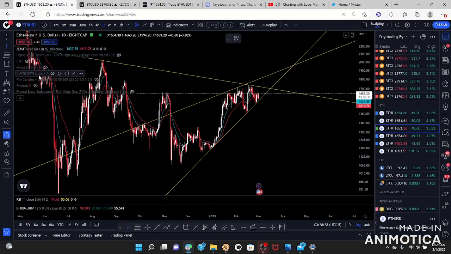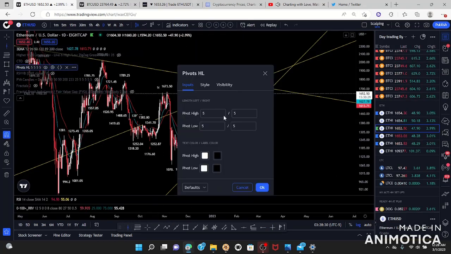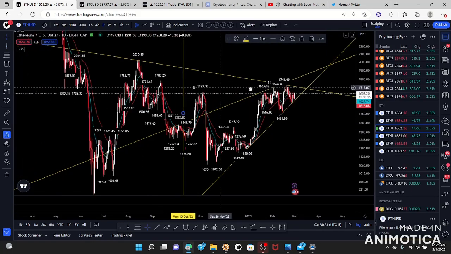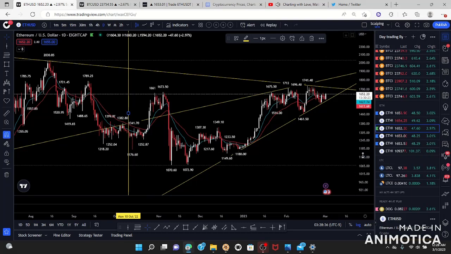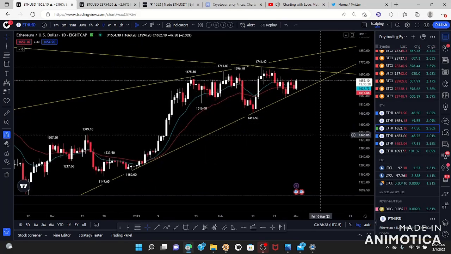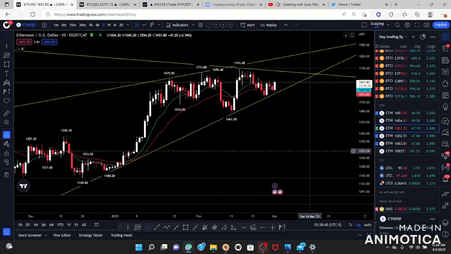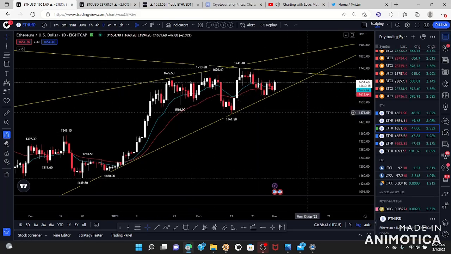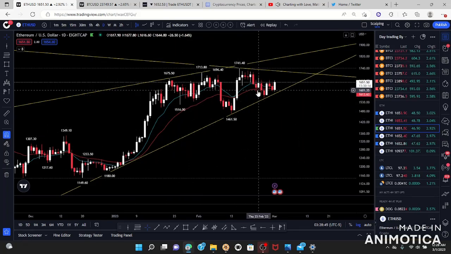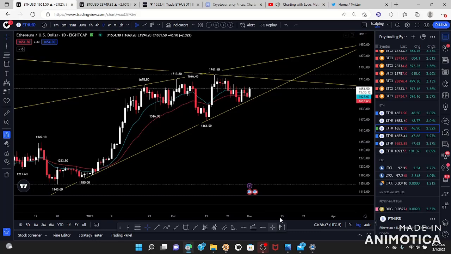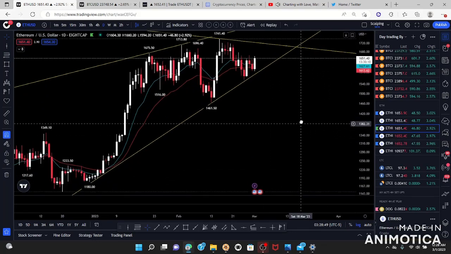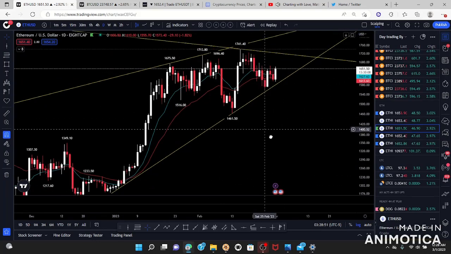Let's get our pivot highs and lows indicator, a great indicator if you don't have it. This is going to show us exactly the highest price action and the lowest price action. So let's say this rising wedge were to break to the downside based on this one touch, two touches.